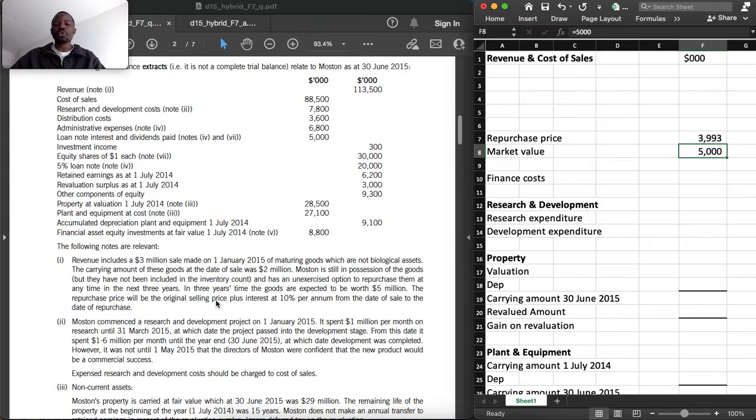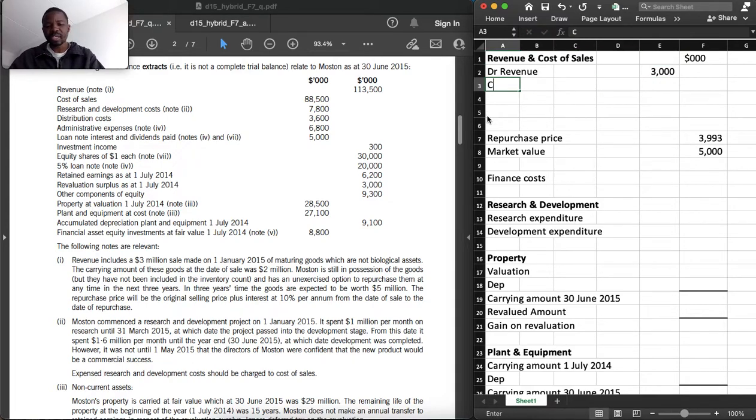What we are going to do, we are going to reverse the sale, reverse the cost of sales. If we reverse the sale, we will include these goods in the inventory, right? So we will have to reverse the sale. How to reverse the sale? We will debit revenue 3,000. Then we recognize the loan. So credit the loan, 3,000.